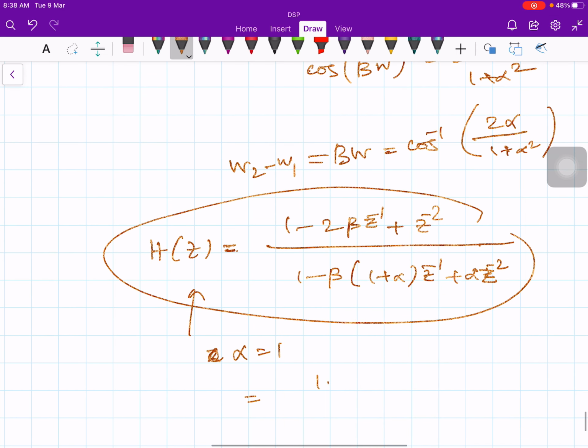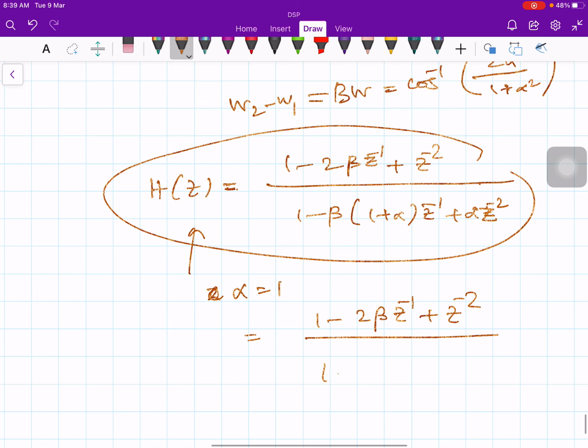The numerator: 1 minus 2β z to the minus 1 plus z to the minus 2. The denominator: you will get 1 minus, this α is 1 here, 1 plus 1 is 2, therefore 2 times β times z inverse. Then this α is 1, so z to the minus 2.